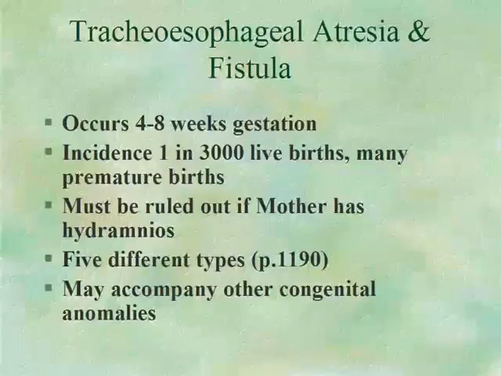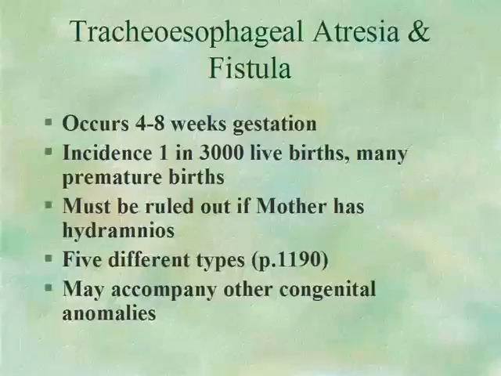If you look on page 1190 in your textbook, you have a good outline of the different variations that this particular anomaly can take. Again, atresia means something that's not fully developed. So when we're talking about esophageal atresia, especially if you're looking at letters A and B, you'll see that upper portion of the esophagus is just ending in a blind pouch.